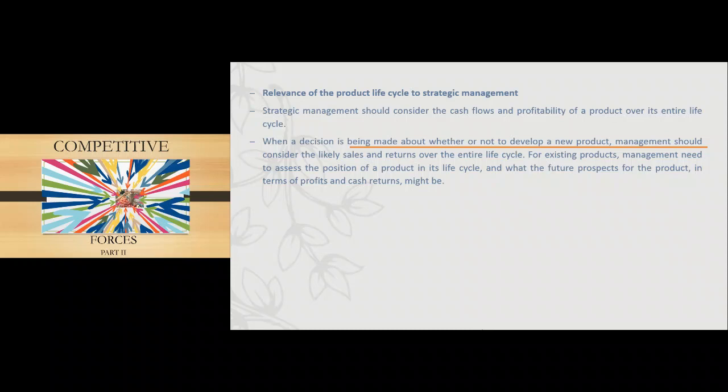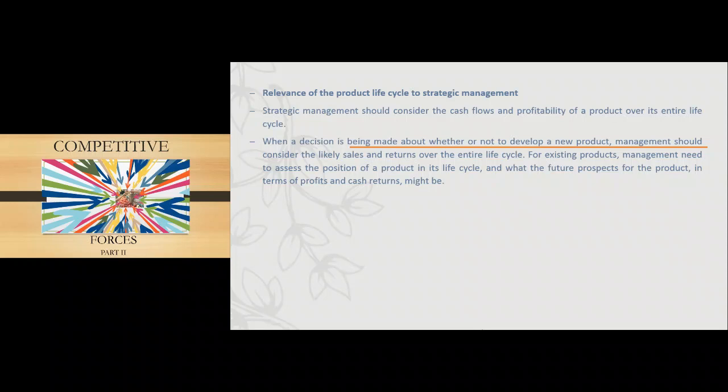And also, strategically, LCC should help us to be able to decide when to continue or when to discontinue the product, because we have our records intact. So we should be able to know when the product is getting to decline and has matured, and we need to decide whether we want to continue to produce or not.